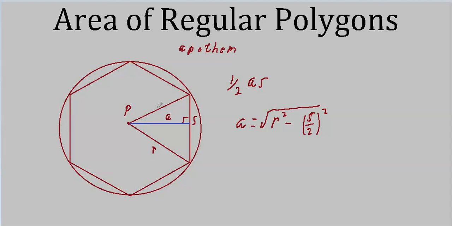There are 360 degrees all the way around. In this case, they're broken up into 6 congruent parts, or angles. So for this, it would be 360 over 6. That would be this angle here.